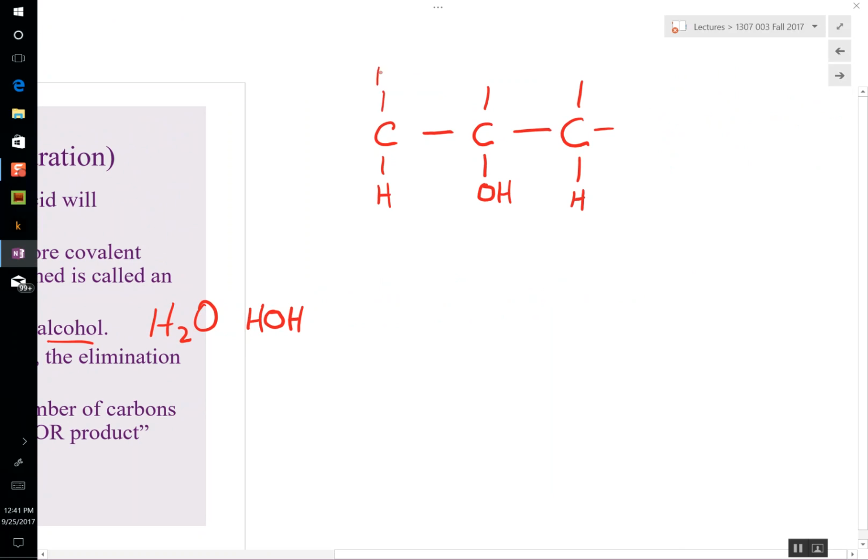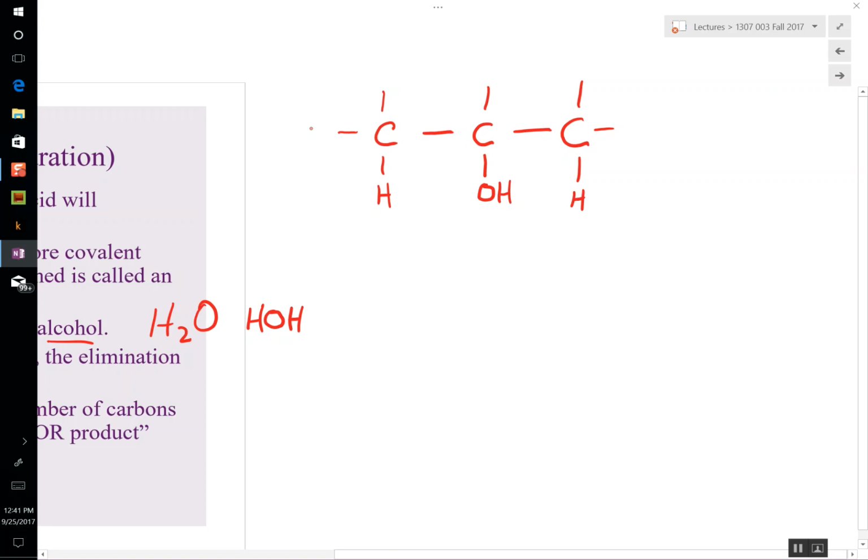In a number of these reactions, as I lay them out, all of those lines around there are hydrogens. But I want you to look at these two hydrogens. What's so special about those is that they are sitting on the carbons right next to that hydroxyl group.